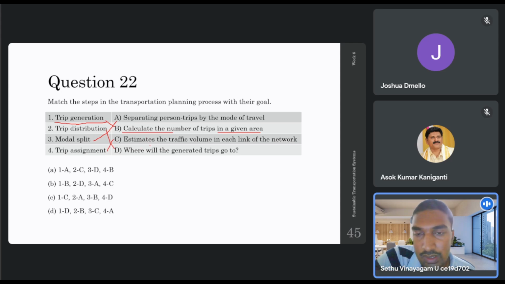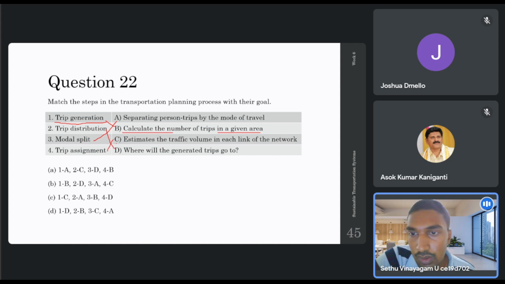That will give us an estimate of the traffic volume in each link of the network. Based on this estimated traffic volume, we can design the capacity of the networks and so on. The output of the fourth step gives us that.